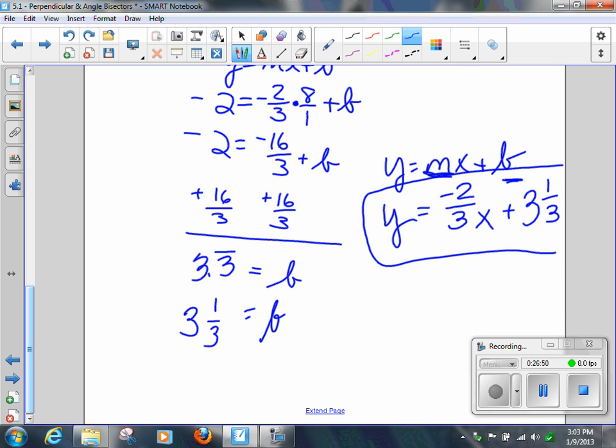There we go. That is the equation of the perpendicular bisector. Folks, that's something you need to know how to do. That is applying what you know, okay? You better figure out how to get it right.